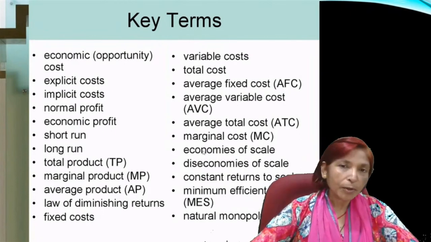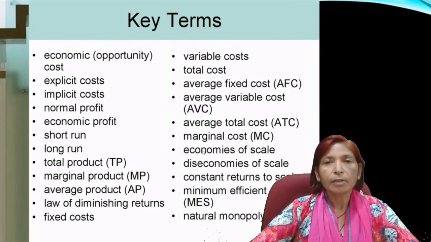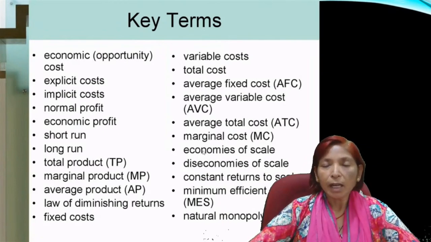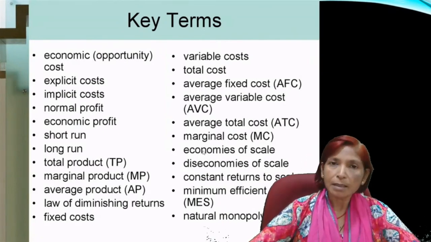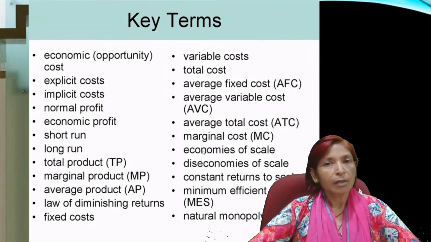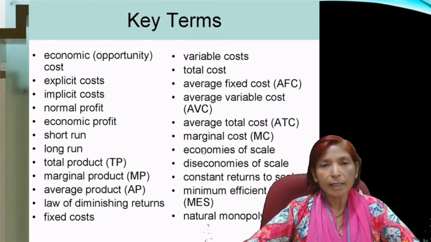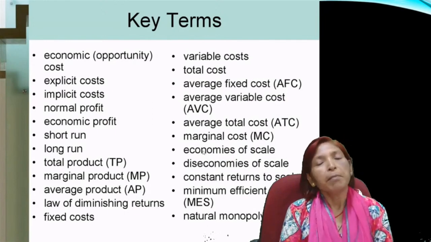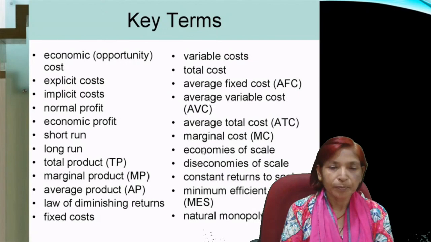Next is total product. Total product is the total amount of goods and services which we can produce with the help of four factors of production and other factors like fuel, raw material, and other things which are necessary to produce goods and services. Marginal product is the net change in total production.